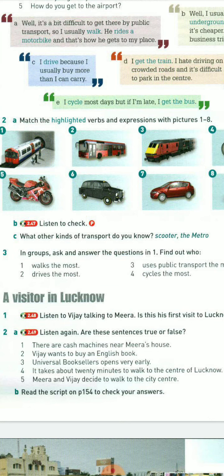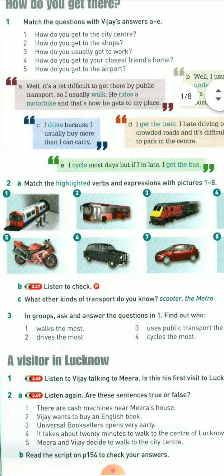So the idea is that we can all take a look at the pronunciation. Try to listen and pronounce the words. Okay, so let's see. Listen and repeat. Track 47. 1. Get the underground. Get the underground. 2. Get the bus. Get the bus. 3.